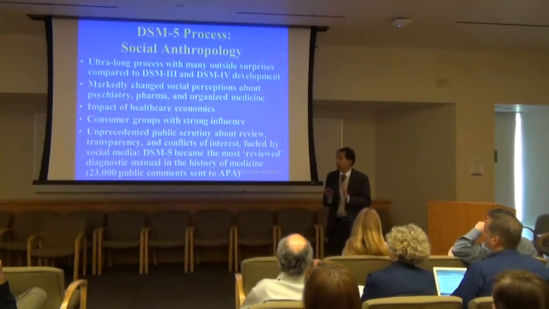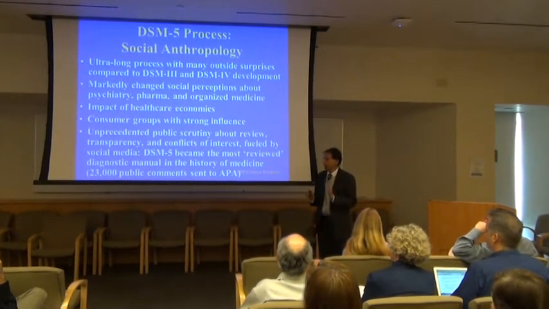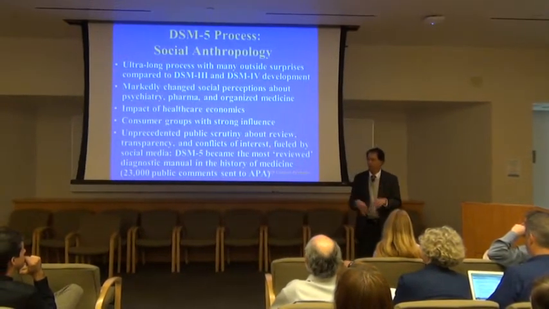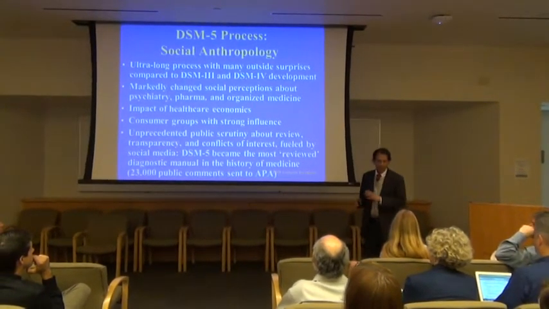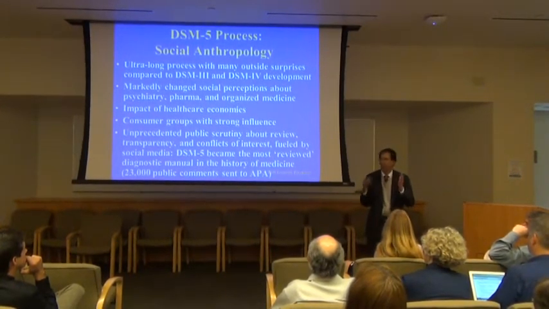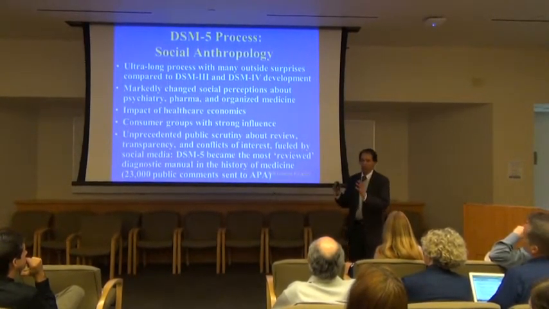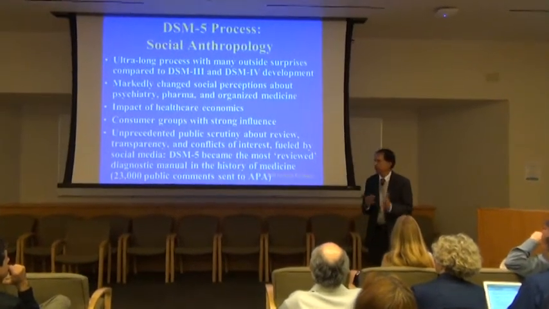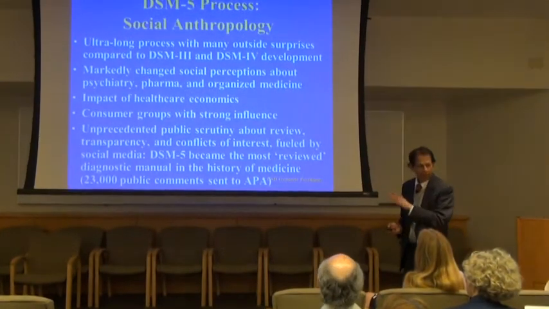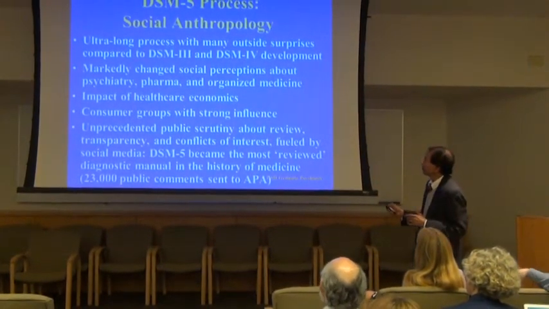This didn't happen with DSM-3 and DSM-4 at all. When DSM-4 was coming out, there were just one or two articles here and there, but mostly the field ignored it. DSM-5 was very different. As soon as it was announced, every person who was involved with it was seriously scrutinized. It's not wrong, but nonetheless, the world has changed.